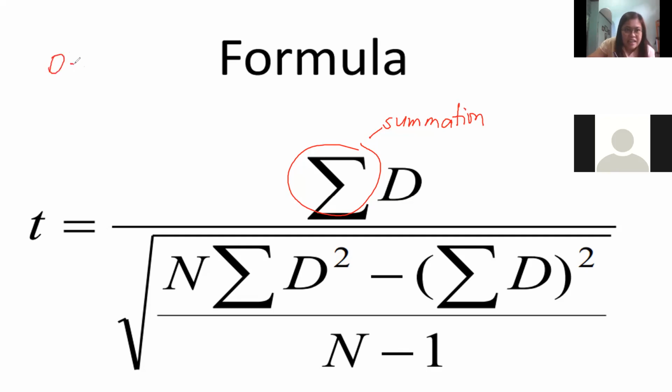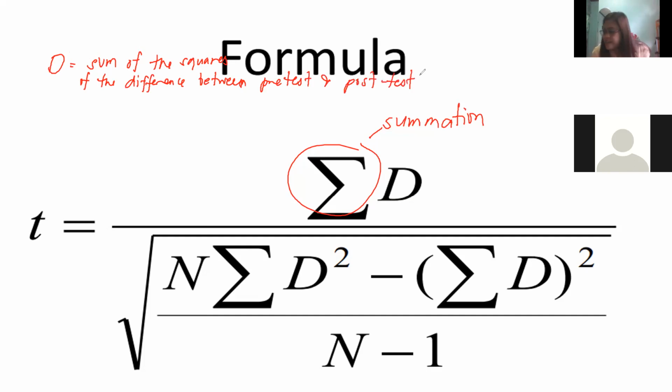Now, D here is the sum of the squares of the difference between the pre-test and post-test. Okay? So the paired t-test is actually applicable if you have a pre-test and post-test.